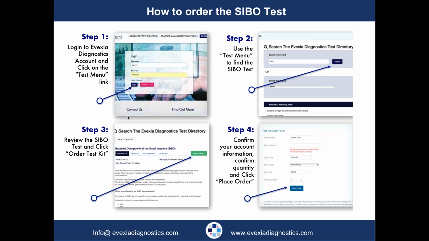Everyone, as you can see from this slide, it's quite simple to order this test right from your account with Evexia Diagnostics. Step one, as you see, is to simply go to the home page and log on to your account. And then you can click on the test menu link once you are in your account.